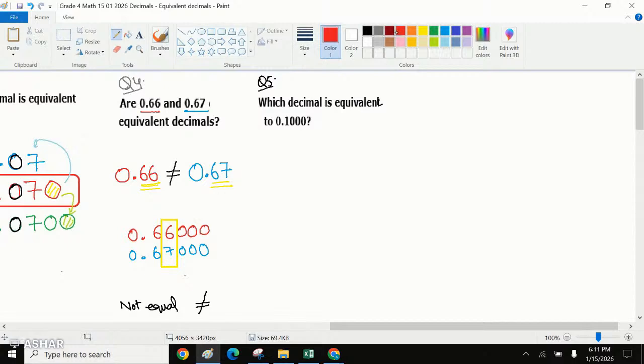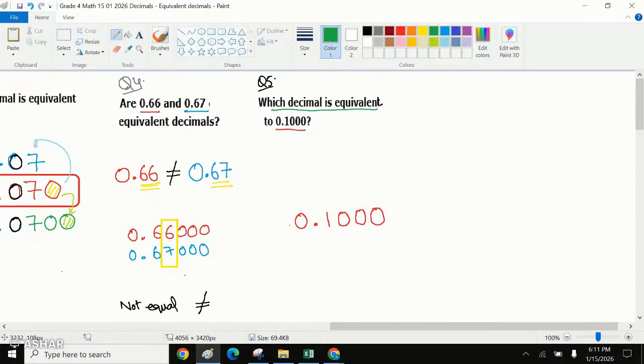So if the original number that was given to us was 0.1 with 3 zeros, we just need to give one number, which decimal number is equivalent, right?